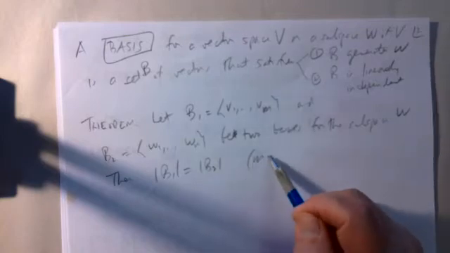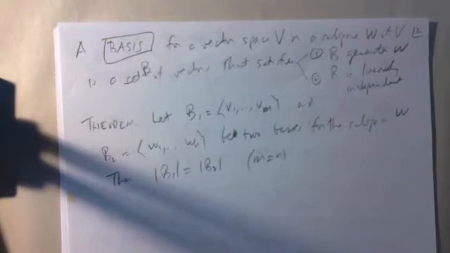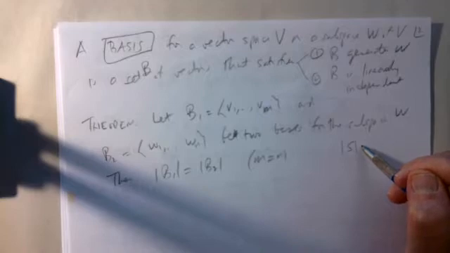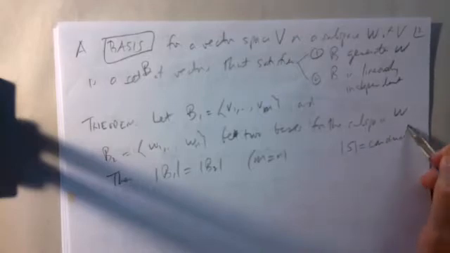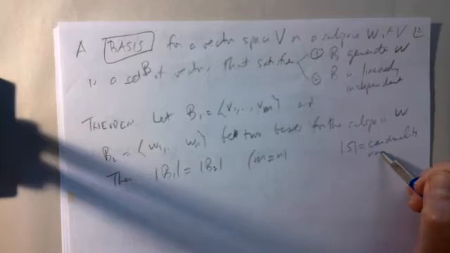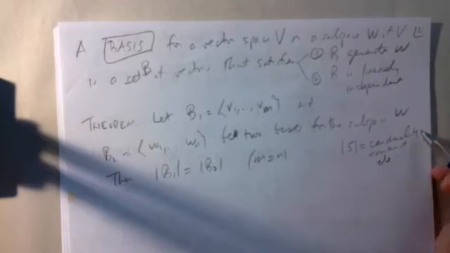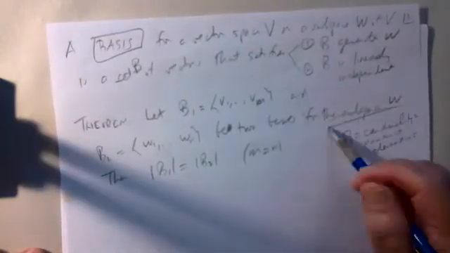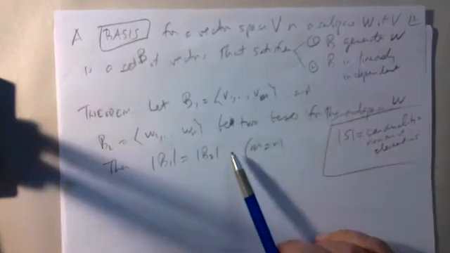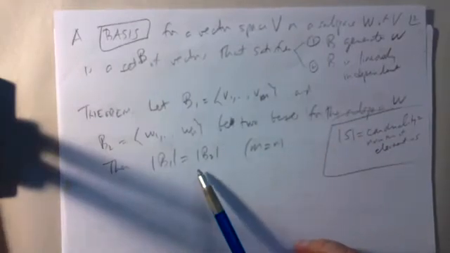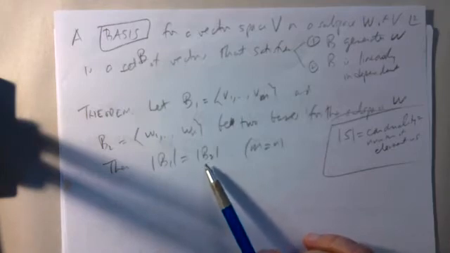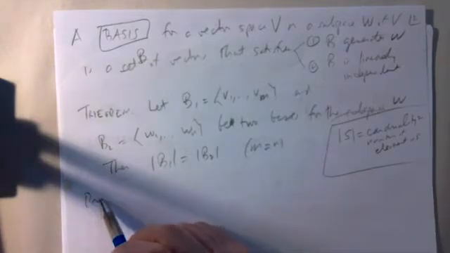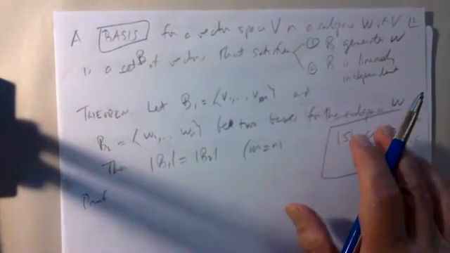Or in other words, m equals n. When you put absolute value signs around the set, this is the cardinality, which means number of elements in S. So the theorem, which I proved this morning, says any two bases for a vector space must have the same number of elements. And the proof is a consequence of a previous result.